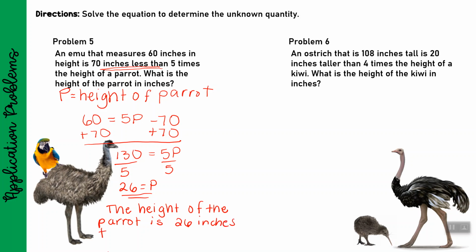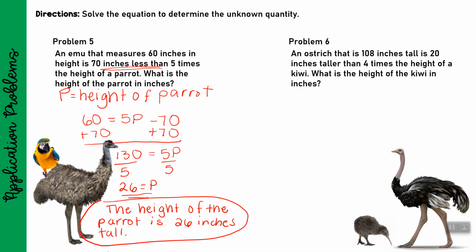And the height, so tall. Okay, that makes sense. These aren't to scale here, this picture, but a parrot is definitely smaller than an emu. The emu is 60 inches. The parrot is a lot smaller than that, so that makes sense. If we solve this and we got something larger than 60, that would not make sense because parrots are definitely smaller than an emu.